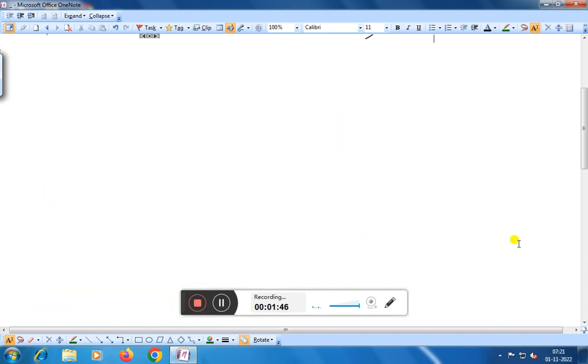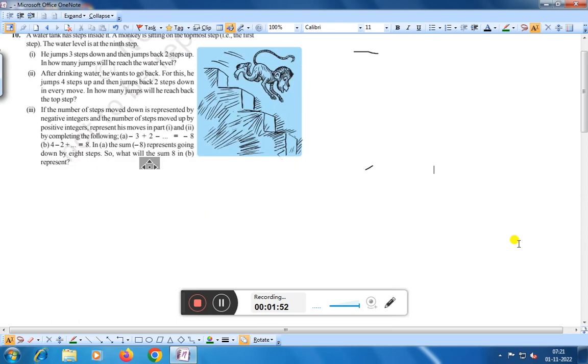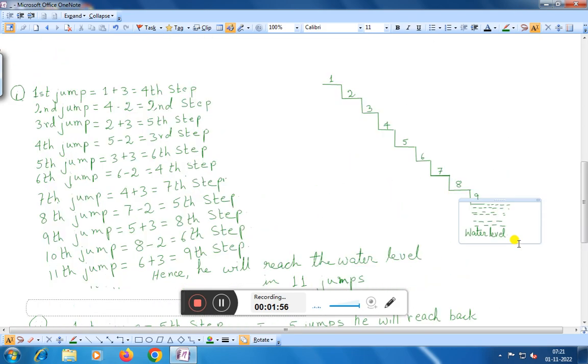the question was he jumps 3 steps down and then back 2 steps. He jumped 3 steps down, right? From one, here you see 3 steps down. That means he is starting from here.